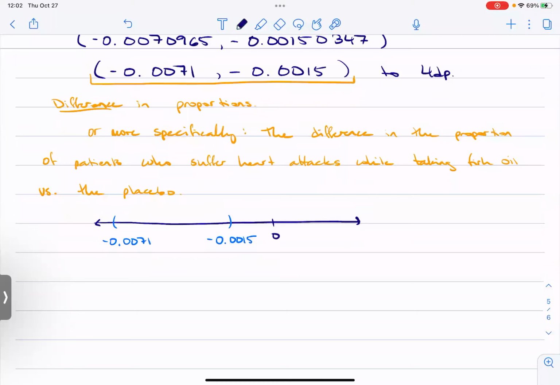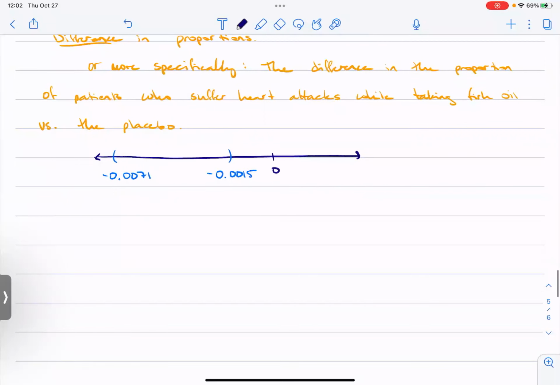All right, I think we're ready to interpret this interval. So we're going to use that kind of blurb that I gave you. I want to show you that it still applies. It's just the wordiness for the difference in proportion that adds an element. Okay. So let's interpret the interval.